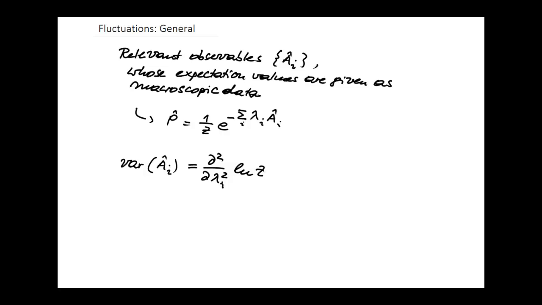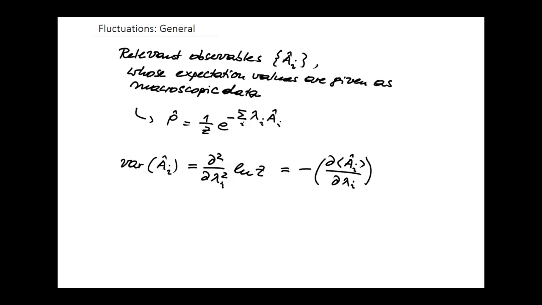Now the first order partial derivative with respect to a Lagrange parameter gives minus the expectation value. So you can just as well write that as minus the partial derivative of the expectation value of A_i with respect to lambda_i.